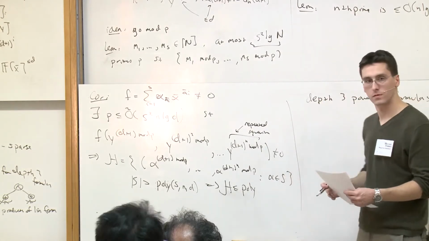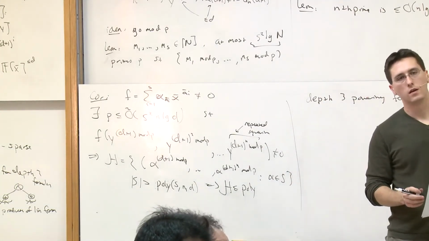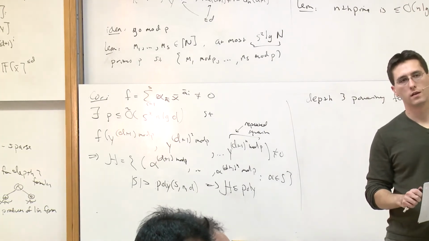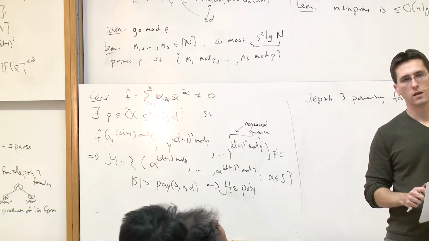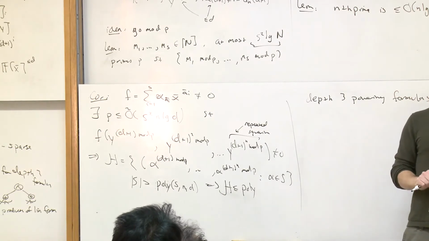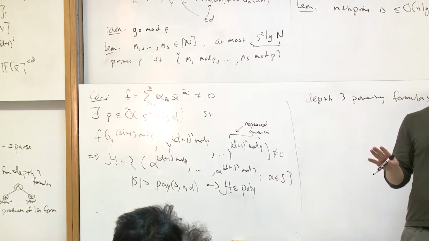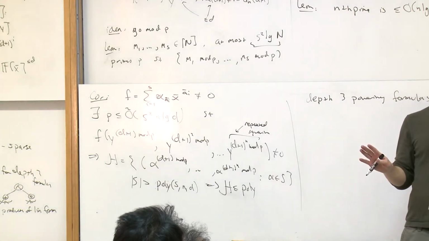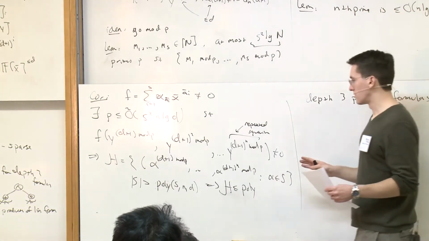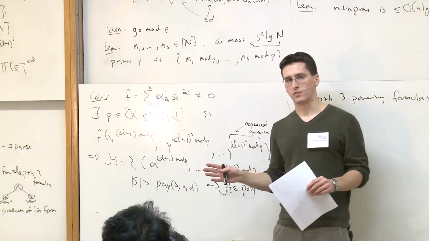But I thought depth 4 is the same thing as if you get PIT for depth 4, you get it for general circuits. So if you get polynomial size hitting sets for depth 4, then you get quasi-polynomial size hitting sets for general circuits. Yeah, to some extent, that's why I'm willing to let it slide in terms of the original conjecture.